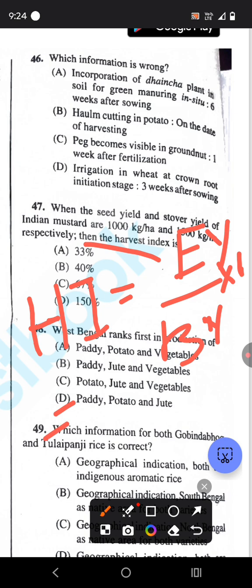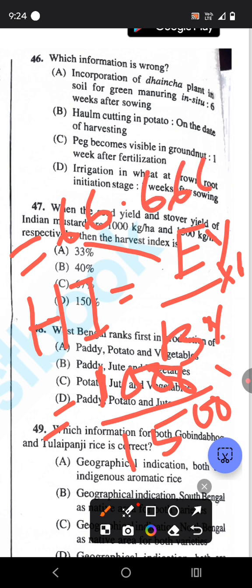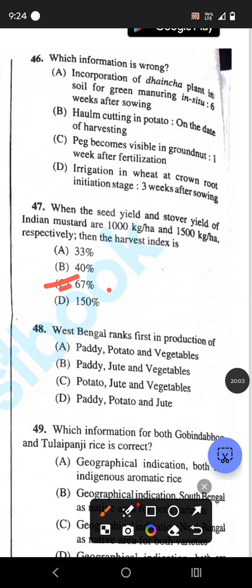So we mention the data and calculate: 1000 divided by 1500 into 100. If we calculate this, we get 66.6666, and if we round it up, we get 67. That is option number C, 67.